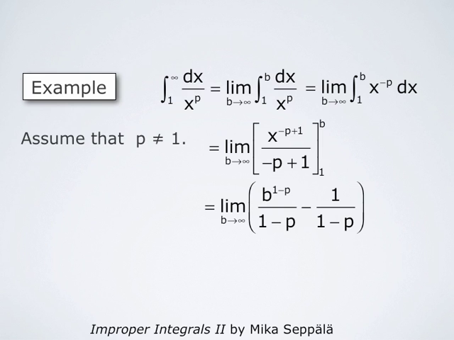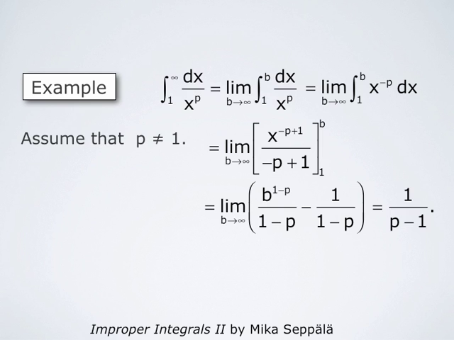If 1 minus p is negative, then b raised to that power approaches 0 as b goes to infinity. If 1 minus p is positive, then b to that power approaches positive infinity as b goes to infinity. The case that 1 minus p equals 0 is already excluded since we assume that p is different from 1.